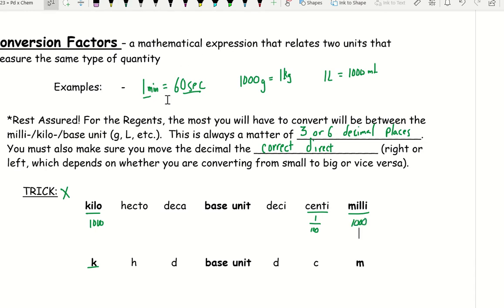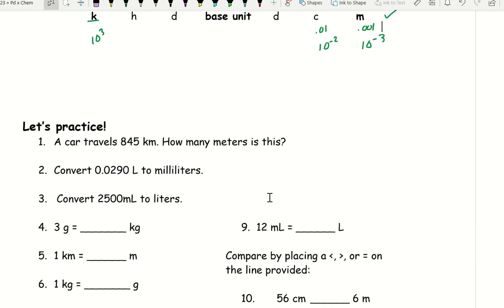If you remember this, it's fantastic because you can also then understand that kilo means 10 to the third. Centi is 0.01 or 10 to the negative 2. And milli is 0.001 or 10 to the negative 3. All right, I think that is the best way to look at it.